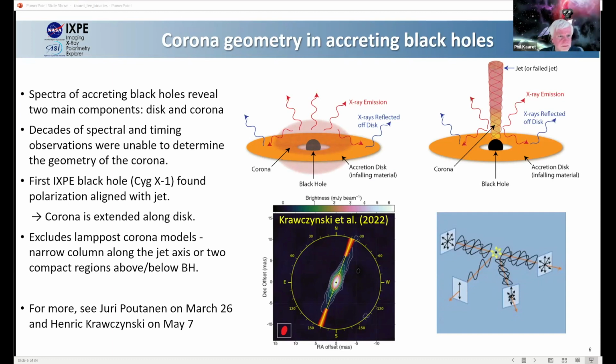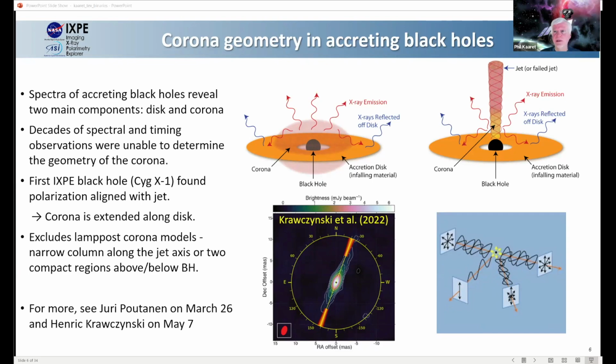Well, I'm going to ask Henrik to correct me if I'm wrong. In Cygnus X1, it's an unobscured system, so we're seeing right down. And the result from Henrik's Science paper is from the hard state, so the emission is dominated by the corona. I think it's a standard disk corona sort of thing.